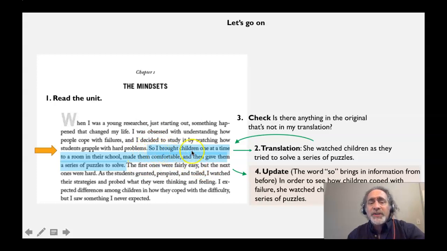The word so says she does this for a particular purpose. Maybe so is important. In order to see how children coped with failure, that's the previous part, she watched children as they tried to solve a series of puzzles. By adding that explicitly to my translation, I connected this to what came before, and now I have a clearer understanding of what's going on.